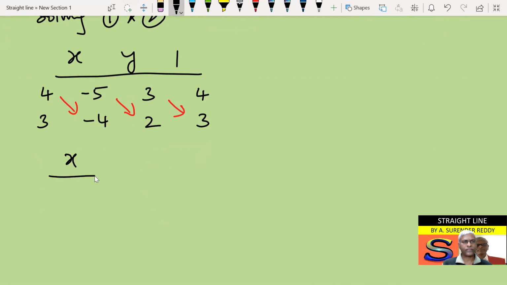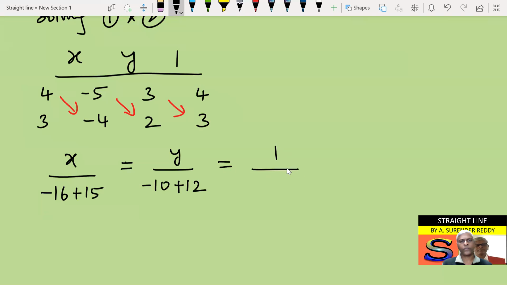x by 4 into minus 4, minus 16. 3 into 5, minus 5, minus 15, minus plus. y by minus 5 into 2, minus 10, minus 4 into 3, minus 12, into minus plus 12. 1 by 3 into 3, 9. 2 into 4, 8.